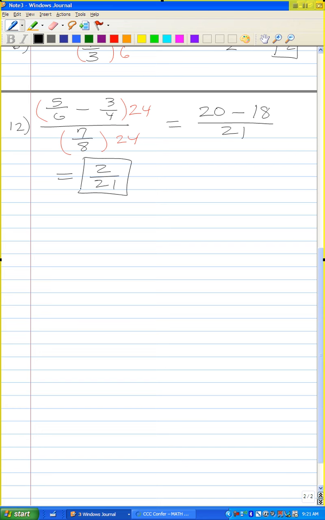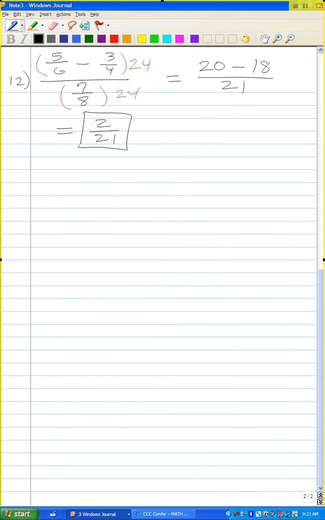Let me do problem number 14. x squared over y squared divided by 3xy. Well, first off, this is the same as x squared over y squared divided by 3x over y.